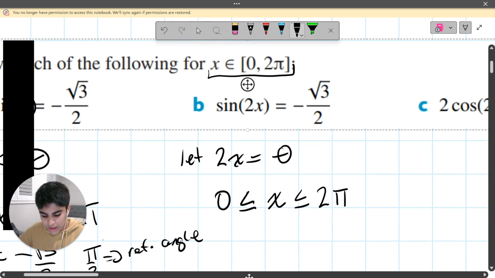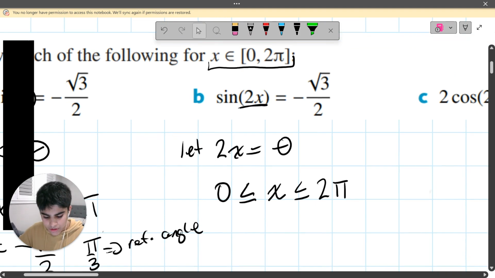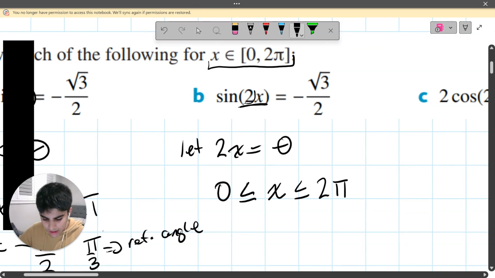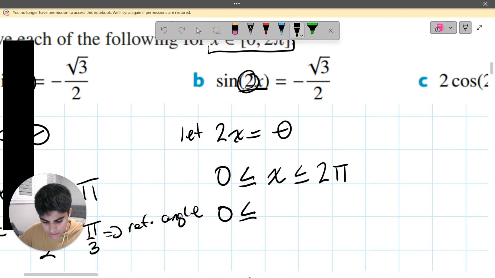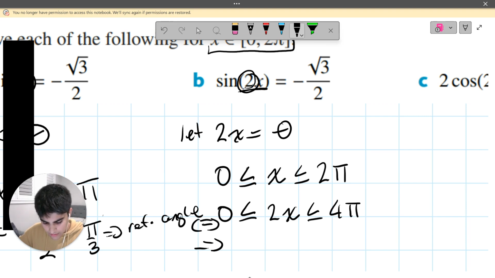Over here we've got a dilation by a factor of 2, so we're going to apply this dilation to each component in this domain to expand it. So 0 is less than or equal to 2x, which is less than or equal to 4 pi. Zero is less than or equal to theta, which is less than or equal to 4 pi.